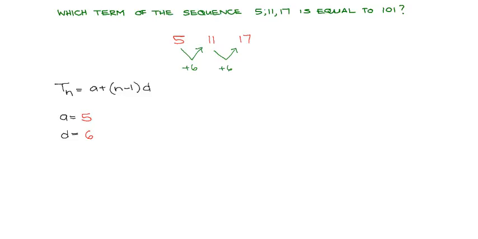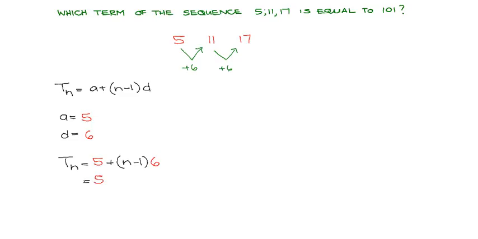Okay, so let's go ahead, use this bit of information and create a general nth term. Tn is equal to a, and we said a has a value of 5, plus open bracket, n minus 1, close bracket, and now we have d, which has a value of 6. Okay, let's clean this up, get rid of our brackets, and see what our beautiful general nth term will look like. Nothing is officially affecting the 5, so it will come down as is.